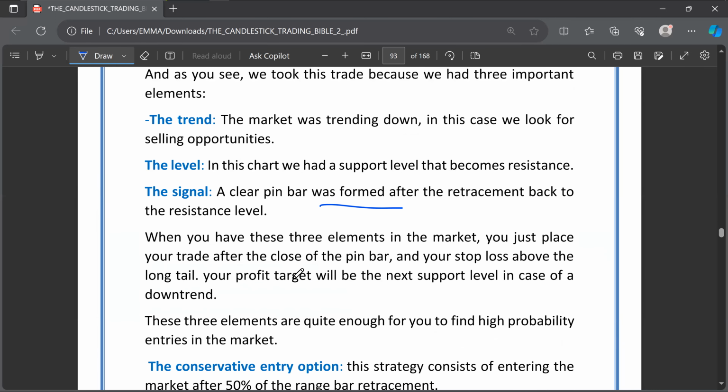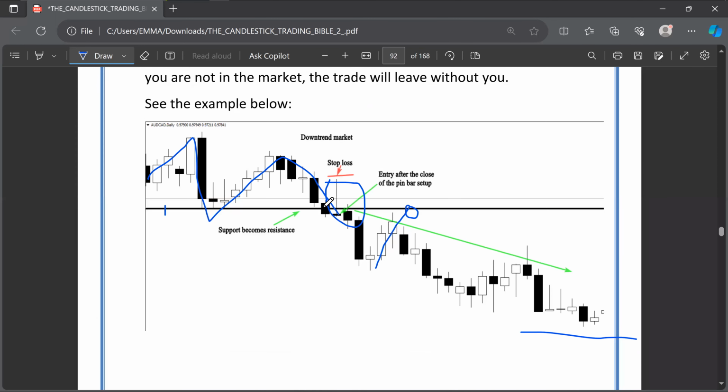Now, when you have these three elements in the market, you just place your trade after the close of the pin bar, right? After the close of the pin bar, and your stop loss above the long tail. Your profit target will be the next support level in case of a downtrend. So here, look at where you place what?